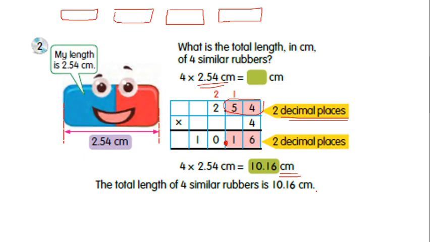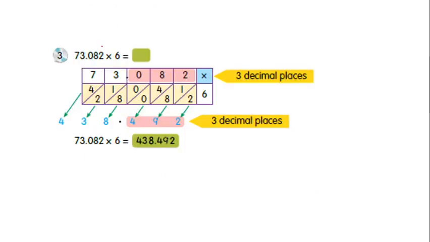Alright. Okay, let's look at the question here. 73.082 times 6. So it has 3 decimal places. This one you can also do the lattice method, kaedah lattice. Okay, you can also just do it like how you multiply the whole number. Okay, but the difference is only the decimal point and the answer.